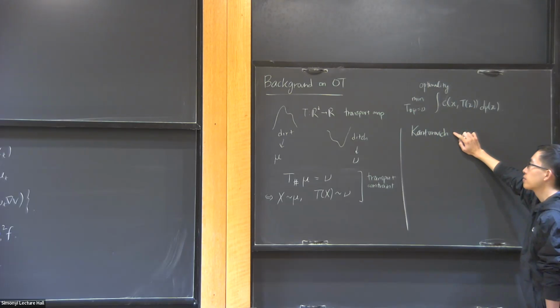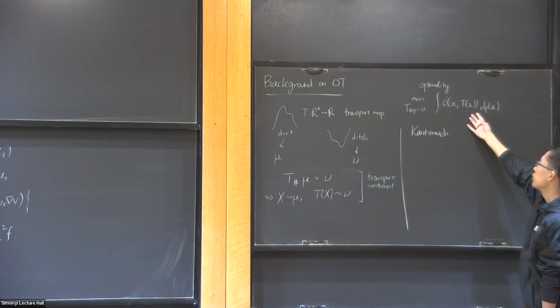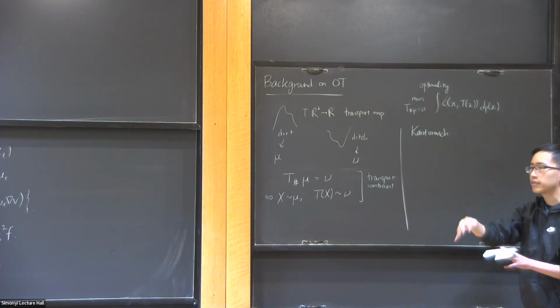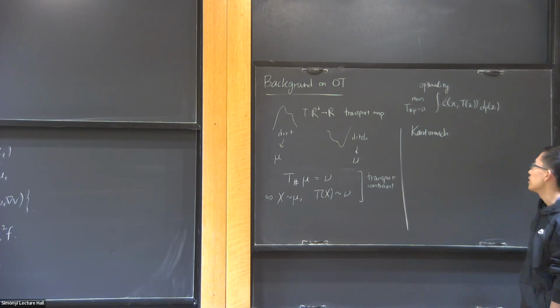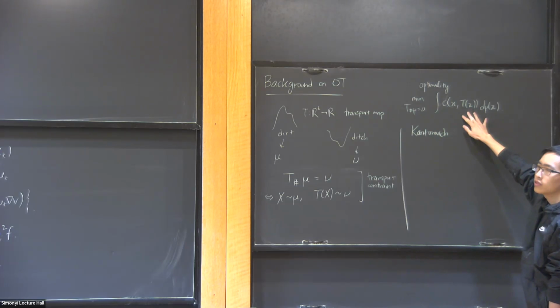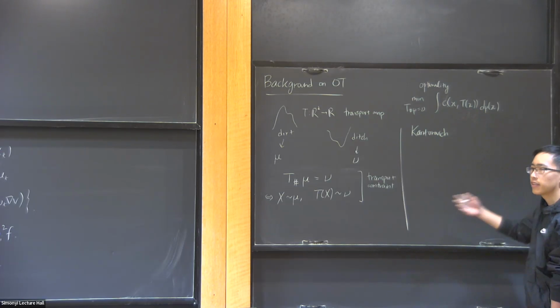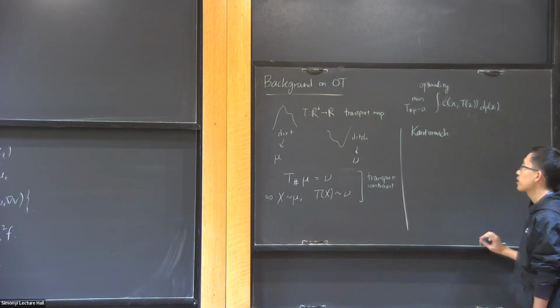This problem is motivated by economics, like how do we route products to warehouses. Kantorovich was interested in these things, and his work on finding a relaxation of this problem is really the birth of linear programming, and that eventually led to the Nobel Prize in economics.